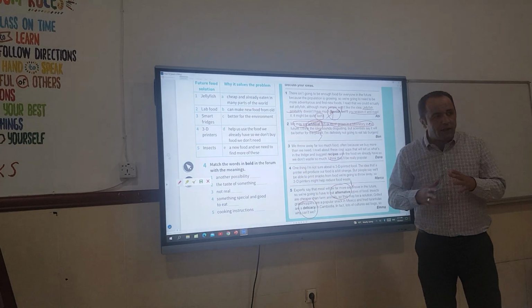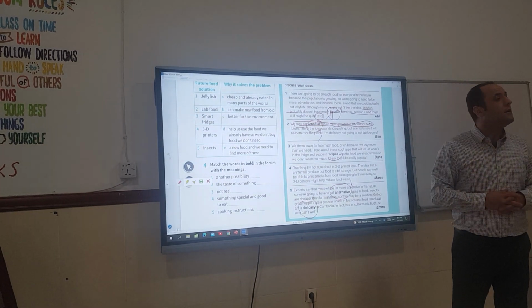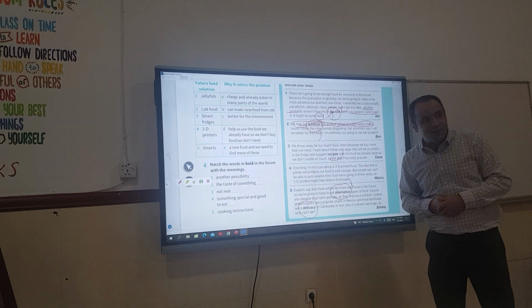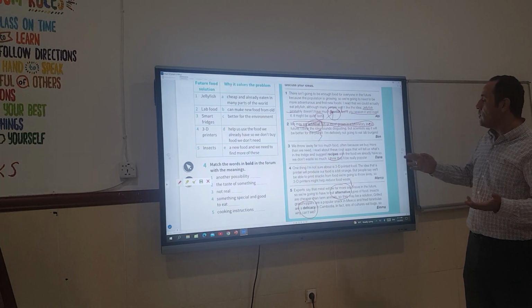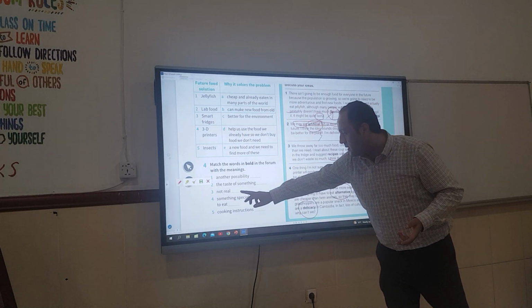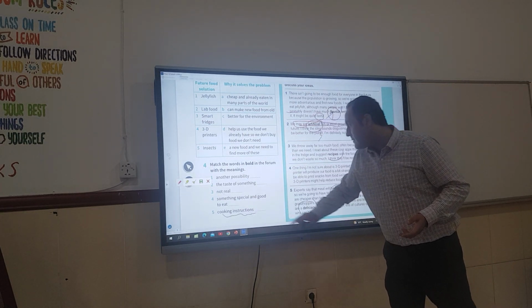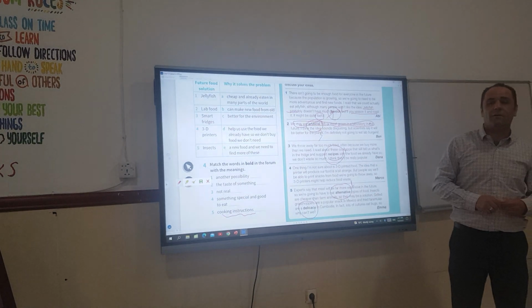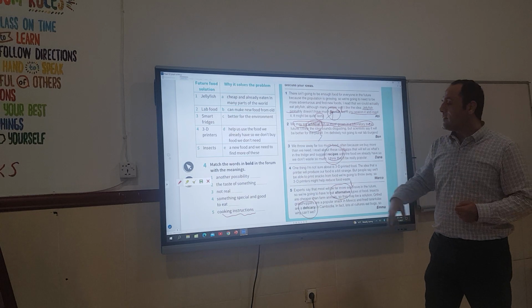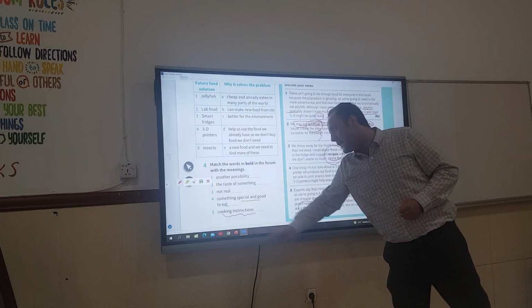What about the next one? Recipe. Are you familiar with this word? The instructions for cooking, for making some dishes, right? So cooking instructions match with recipe. The next one is something special and good to eat.